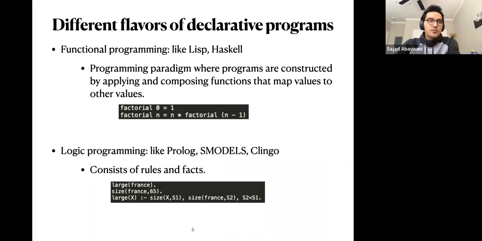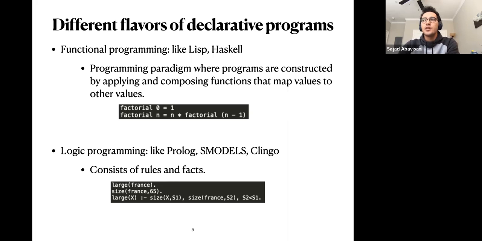So there are different types of declarative programming. One is functional programming, which is based on functions and mapping of one number to another number. Another one is logic programming, like Prolog and Clingo that we talk about here, which is not function-based.